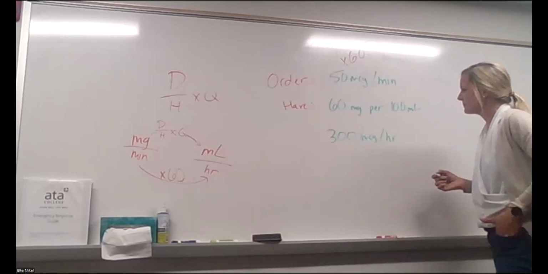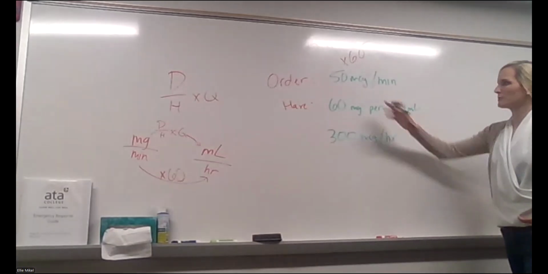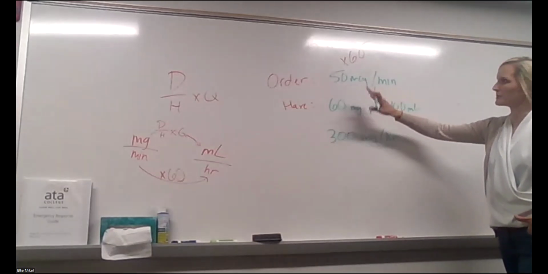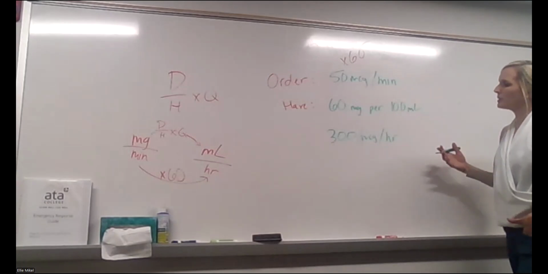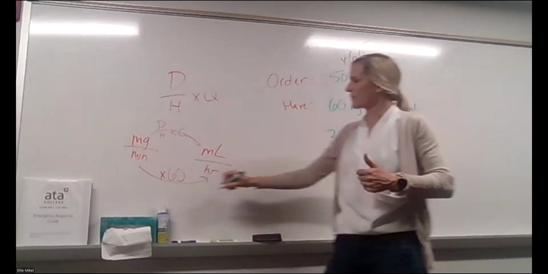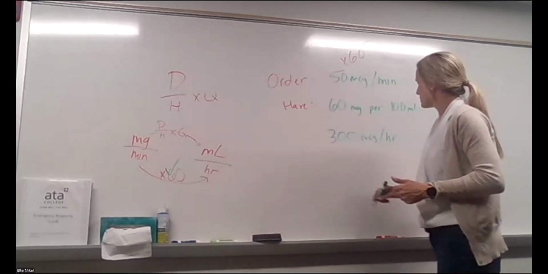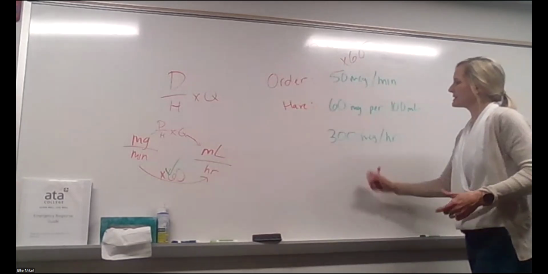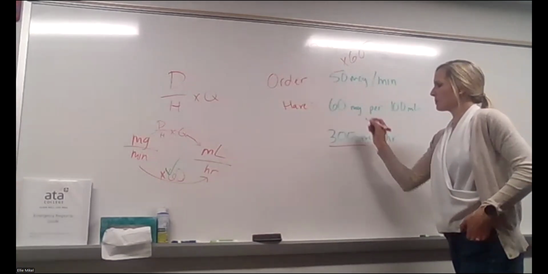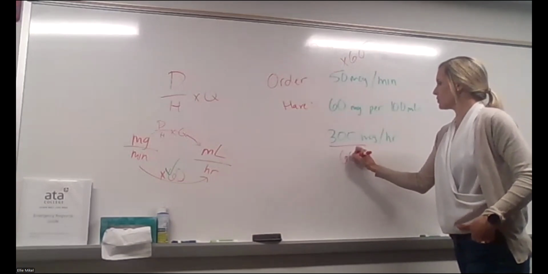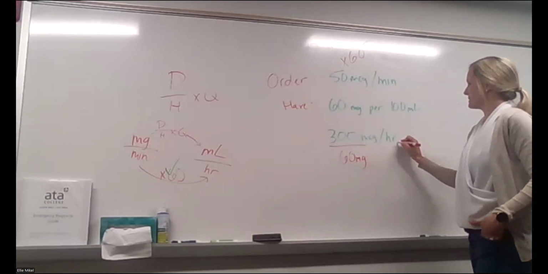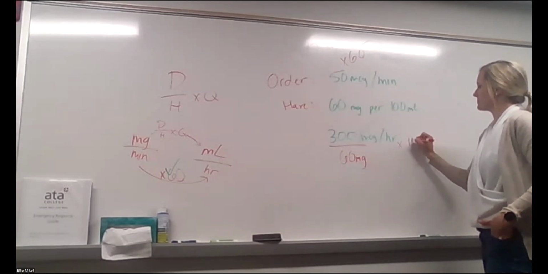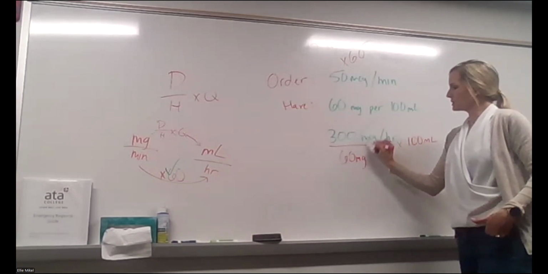But it's still micrograms, right? I haven't done anything to that. So the next step is plugging that into our dosage formula. The difference here is that if I plug this into D over H times Q, so divided by 60 milligrams times 100 milliliters, we run into a slight issue.